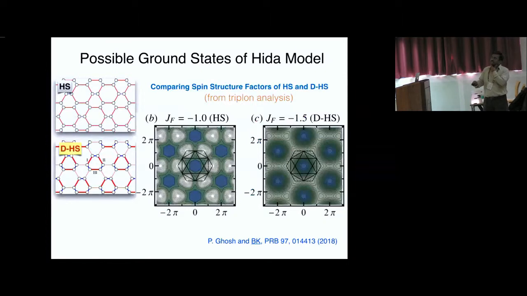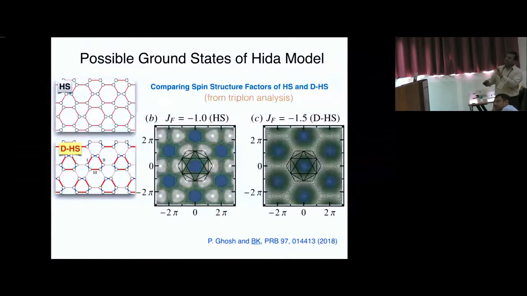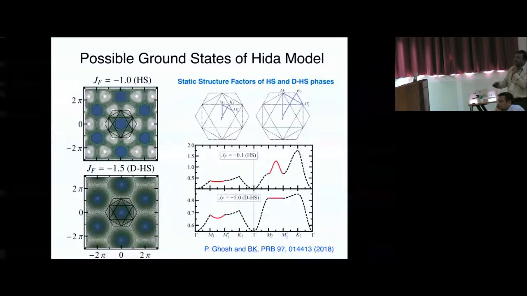Again, we calculated the static structure factor and tried to see how they look, just looking at the figures. This is for the hexagonal singlet, this is for the dimerized case. Now, in some way, the intensities are readjusting. Overall, they look similar, but if you look at the curvatures properly, if you go along this line or if you go along this line, the intensities have different behavior.